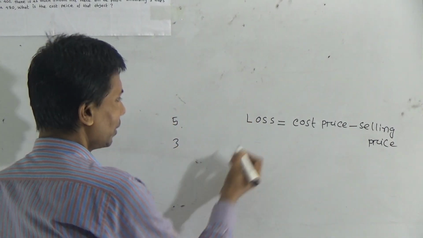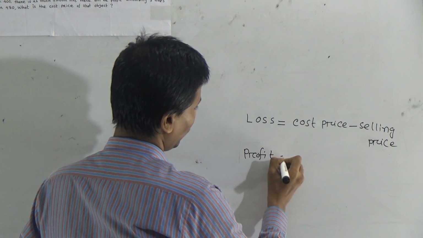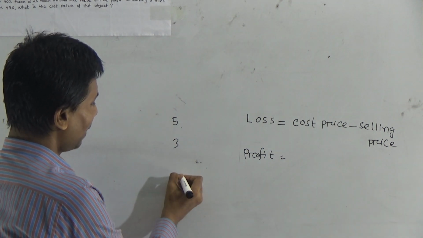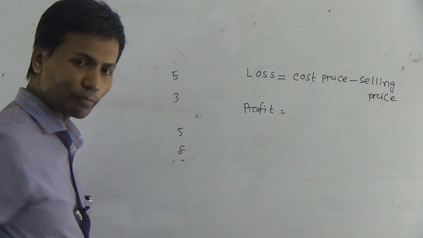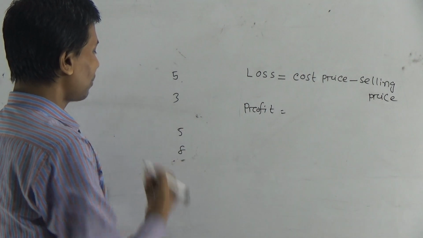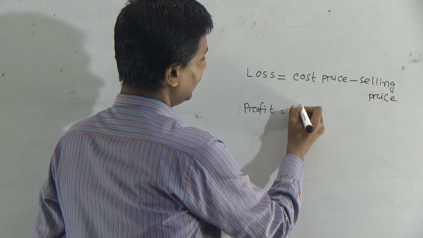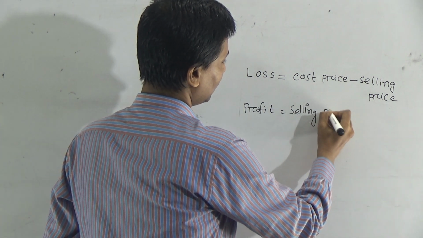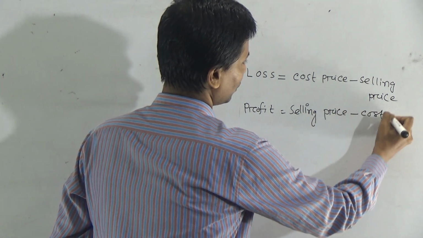Similarly, what is the formula of profit? Suppose you buy a pen for 5 taka and sell that pen for 8 taka, then this is the profit. What is the profit? Profit equals selling price minus cost price.